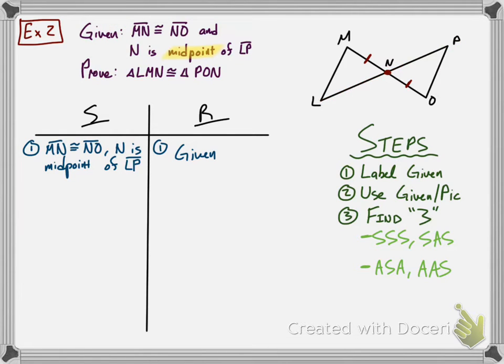So I'm going to put 2 tick marks here. And I'm also going to write that in our proof, where we have LN is congruent to NP. And our reasoning here is that we use that definition of midpoint from chapter 1. So we're going to write that down as our reason. This is because of the definition of midpoint.